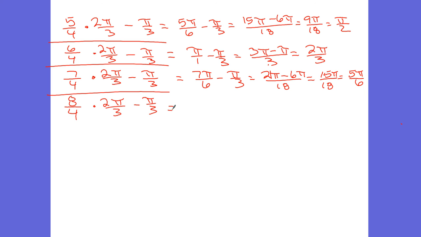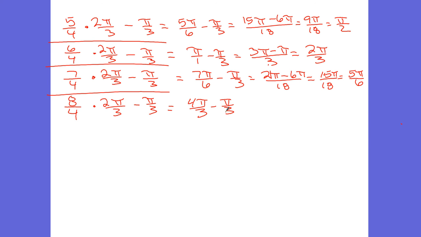My last one here. This is my 2 periods. 16 pi over 12 is 8 pi over 6. Does 8 pi over 6 reduce? Yes, it does. It's 4 pi over 3. 4 pi over 3 minus pi over 3, right?